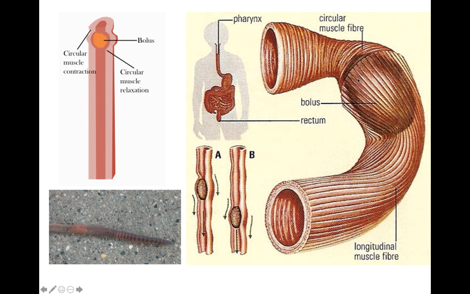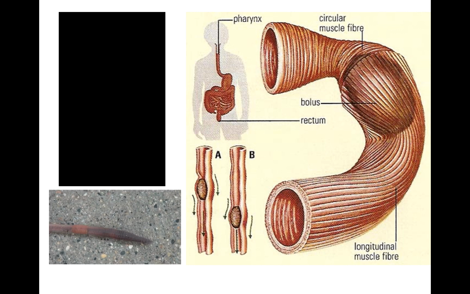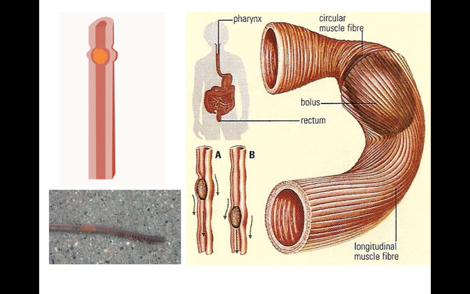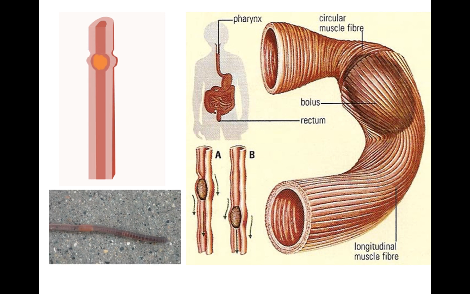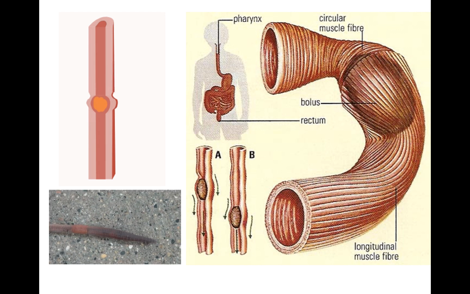Segmentation is meshing it down before chemicals have access to it. The circular muscle works together in coordination with the longitudinal muscle, so they can cause the bolus of food to move through and also to break down.